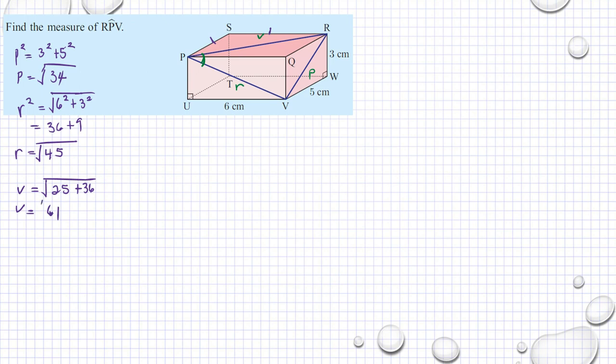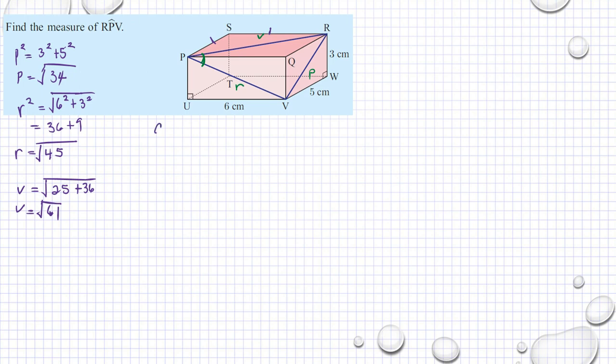Now we are ready to find this angle. We don't need to use the sine rule because we need to have two angles. Then I can use the cosine rule.